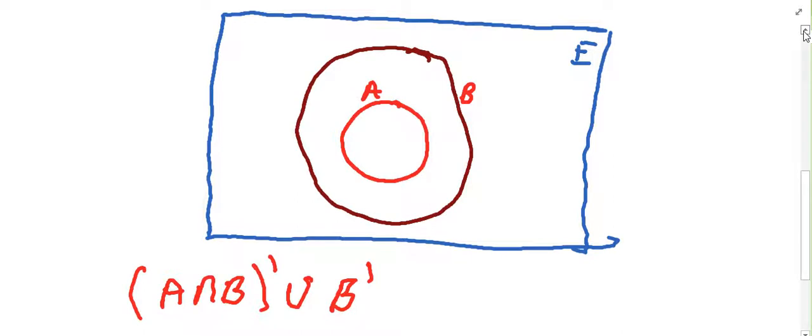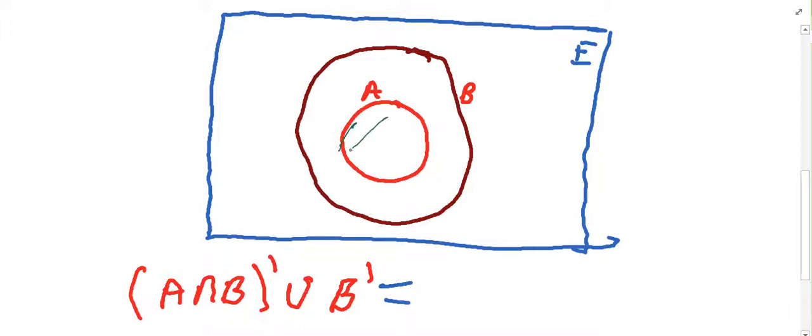What we are trying to achieve at this moment is to express this whole expression as a single expression, and as I have said, it is best done by using the Venn diagram. I'm going to use the Venn diagram using different colors. I'll start with what is in the bracket. What is in the bracket is A intersection B.